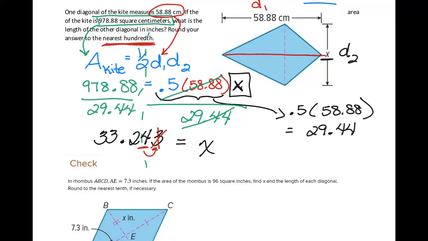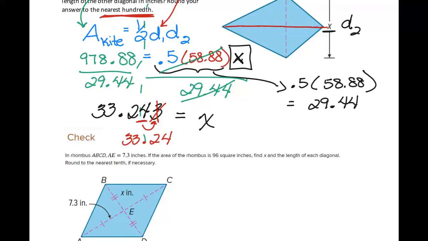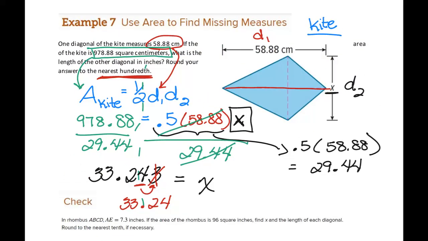No. So my final answer would be 33.24, and we've got to label it. This is all about labeling because you're talking about lengths. And that is, what is this in? Centimeters. That is the length of a diagonal, so it's not squared. And that is the x amount.